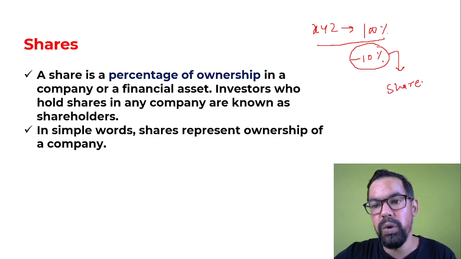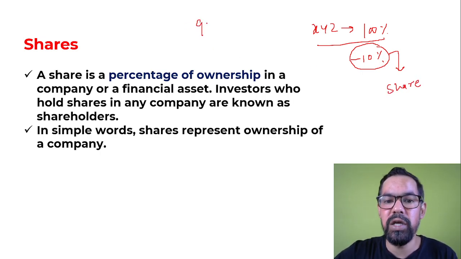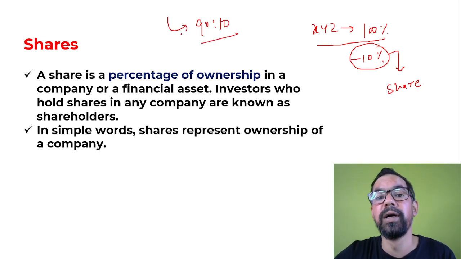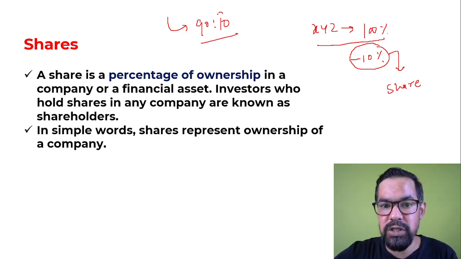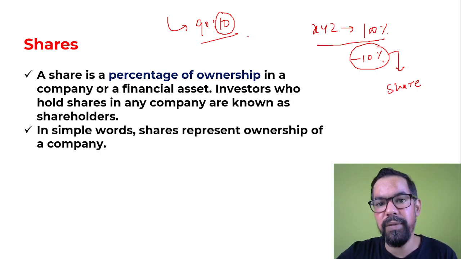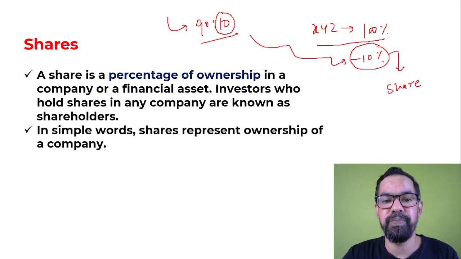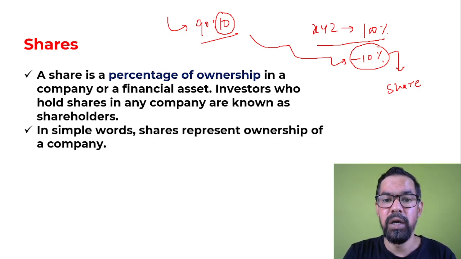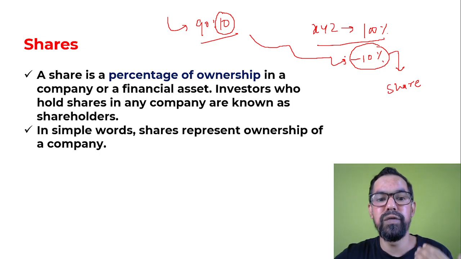So the new ownership split is 90 to 10. 90% is owned by the stakeholders or promoters of that company, and the 10% of shares is also part of ownership. This is owned by the general investors, who are generally known as shareholders in the market. So shares are a part of ownership.